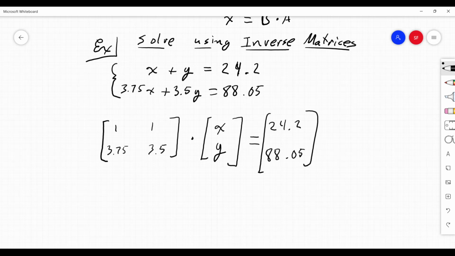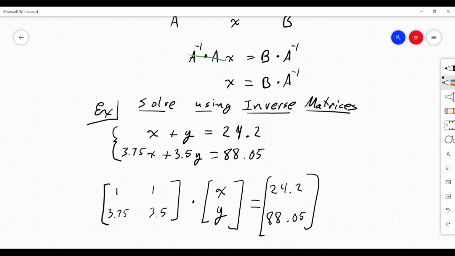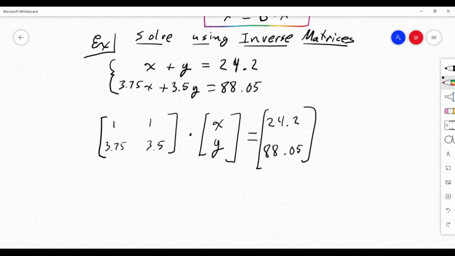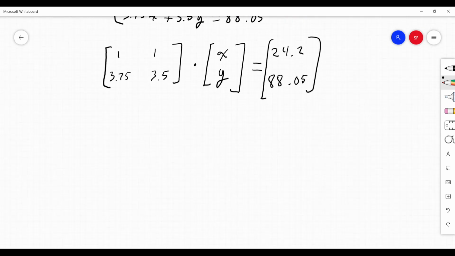So, in order to use this formula that we derived right here, we got to find the inverse of this one, right? Yes. Okay, so we need to find A inverse. So the first thing we need to do is find the determinant of A. How do we find the determinant of a 2 by 2 matrix? Times what?